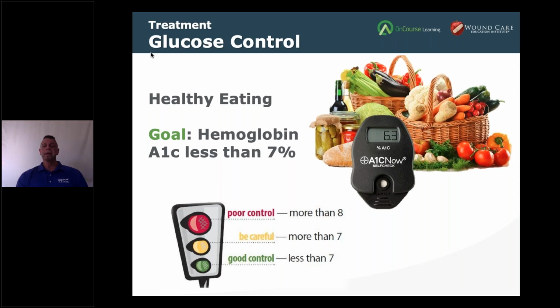But it's going to be an essential. We have to teach our patients and encourage them that they need to eat a healthy balance of the appropriate macronutrients, proteins, fats, and yes, some carbs, okay? But we need to make sure what sources these are coming from. The goal, of course, is to keep that A1C less than 7%.